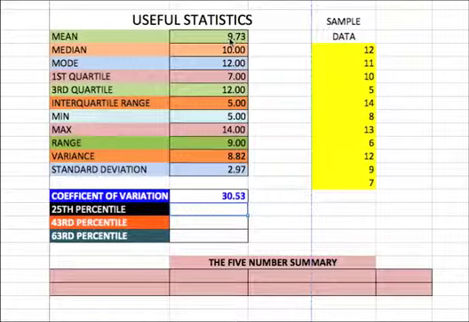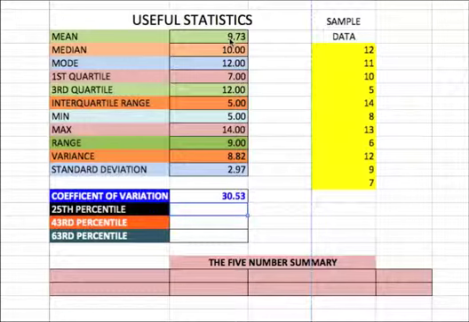Last time we calculated the first and third quartile. Well, quartiles are nothing more than specialized percentiles. The first quartile and 25th percentile are exactly the same. And there is a separate function, percentile, that we could have used to develop the number.